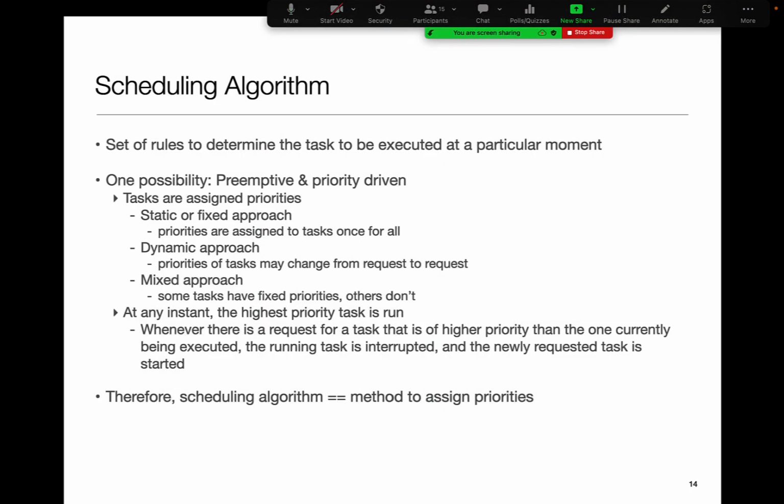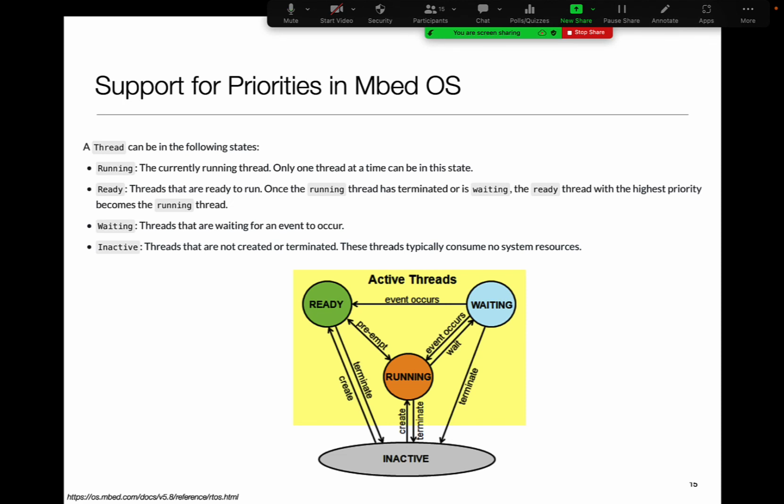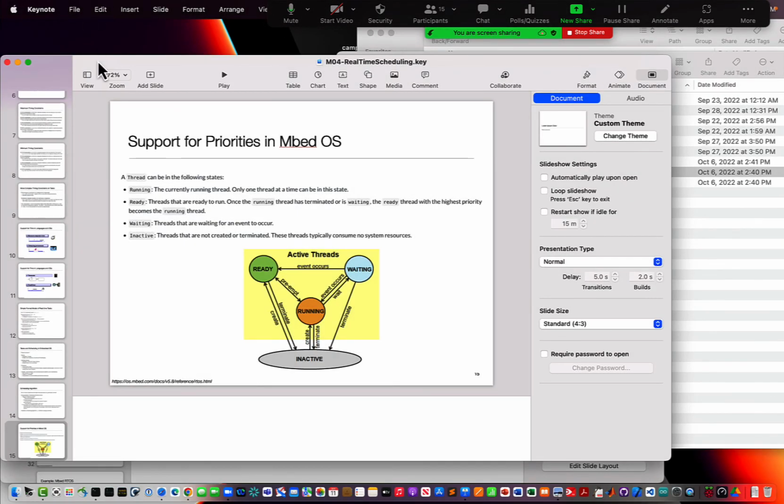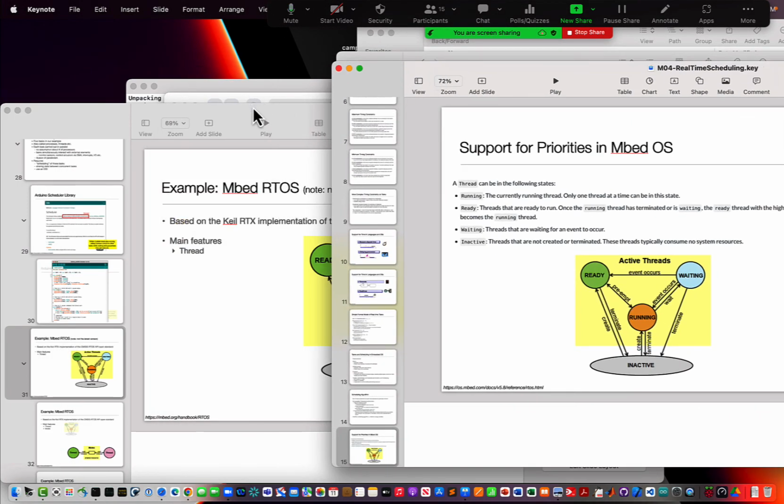This diagram that I was referring to from the previous lecture, where there was a ready state where the set of tasks which are ready to run reside, and then the operating system has to decide which one of them should be actually running.